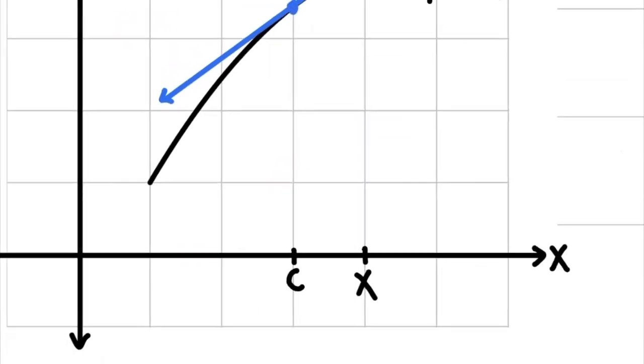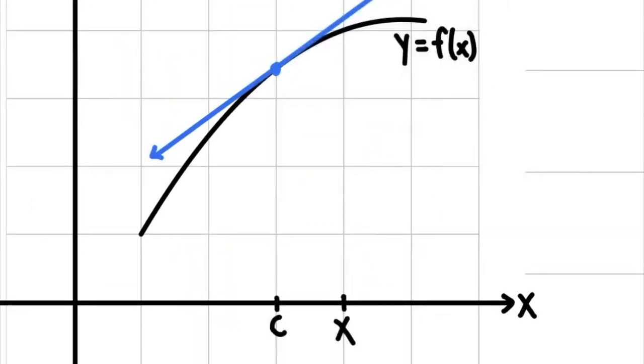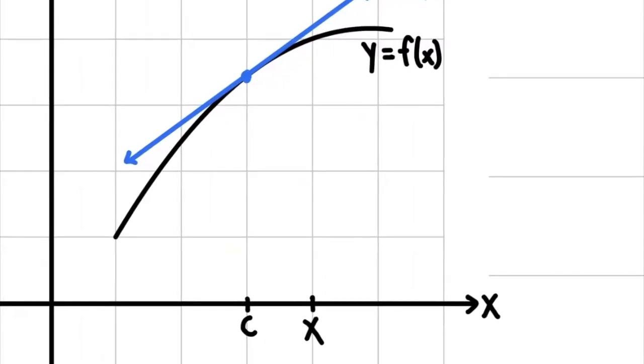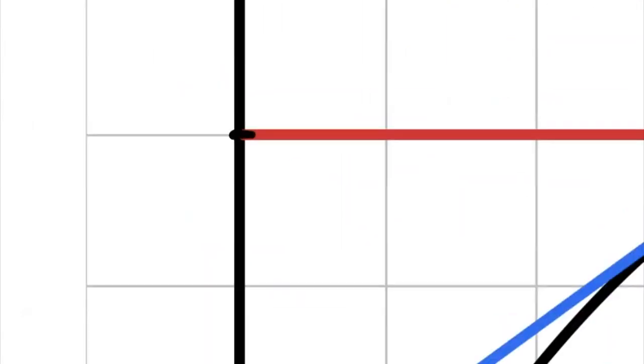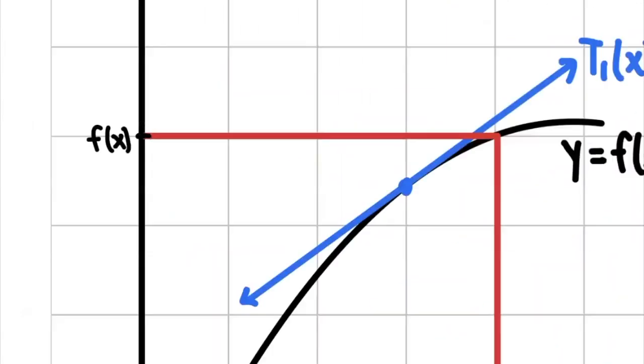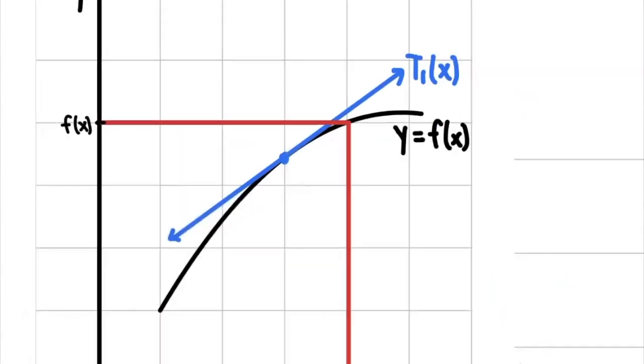But notice that the y value of the function, let me draw all the way right there, this right here is just f of x. And let me make this dashed. All right, so that's the y value of the function.